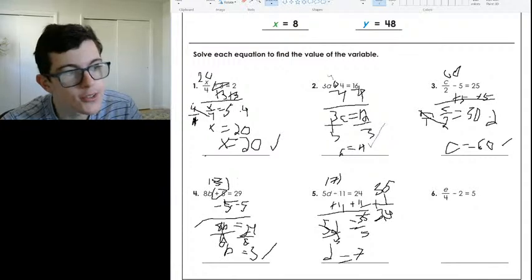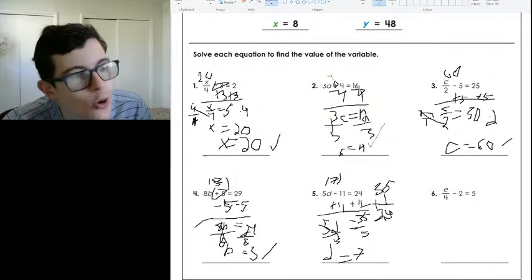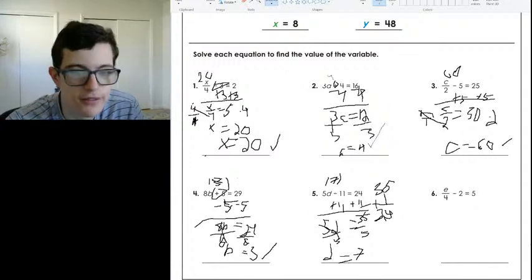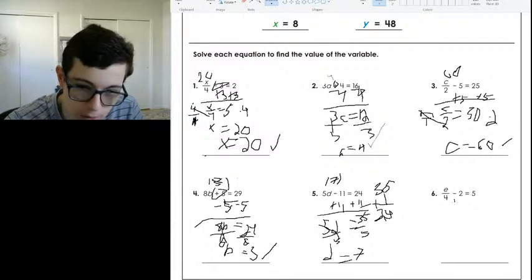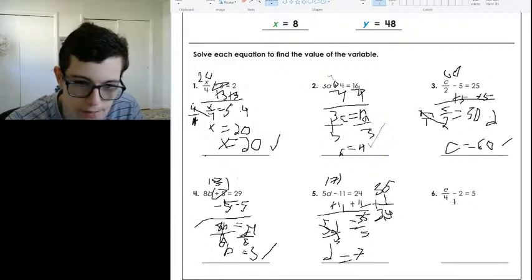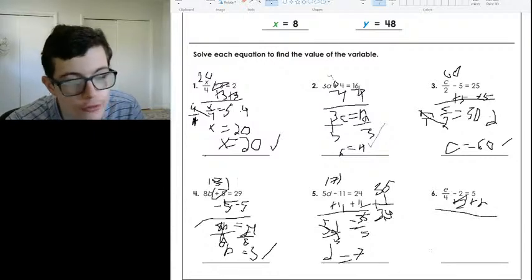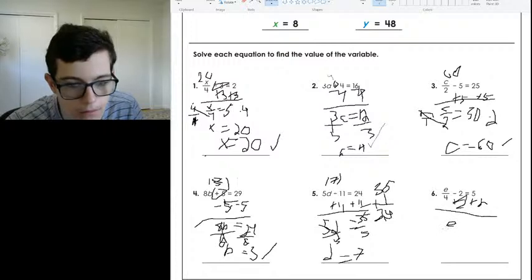Okay, moving on to the next problem, we have e over 4 plus 2 equaling 5. So we'll add 2 to both sides of the equation, because that is the inverse operation, to isolate our variable. To get e over 4 equaling 7.